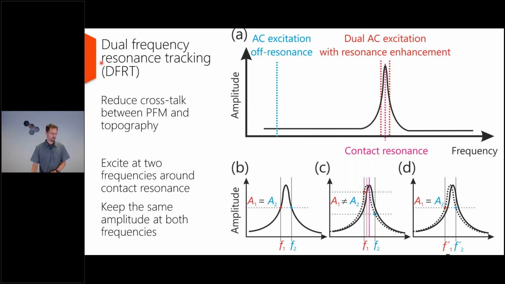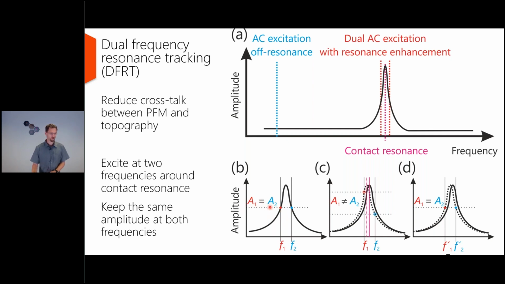And that's why you can use so-called dual frequency resonance tracking, where you do not apply a single excitation at the resonance peak, but you apply excitation at 2 frequencies just around the contact resonance. And then you look at the amplitude at these frequencies, and you try to keep them at the same level.